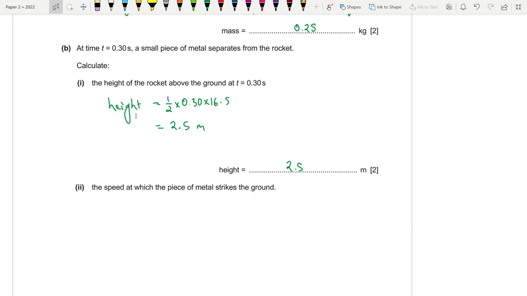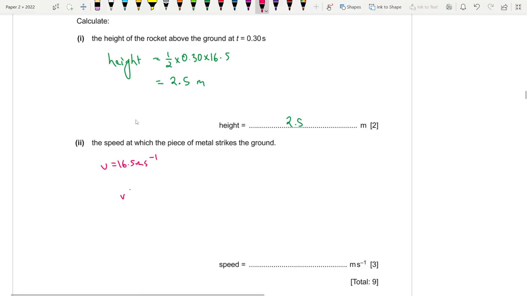So our initial speed is u. We are moving at 16.5 because we were part of the rocket, right? And the equation that we use, I actually explained this in variant 2 too, so you can check that out if you want. There was a similar sum there. We're going to use the equation v square is equal to u square plus 2as. I want to find my final speed. I'm considering the upward direction to be positive, and gravity is directed towards the bottom, right?